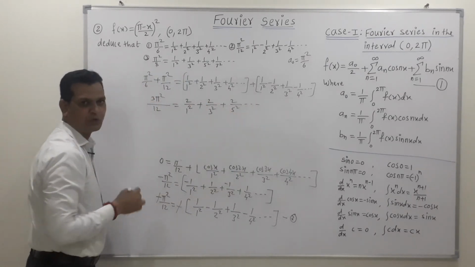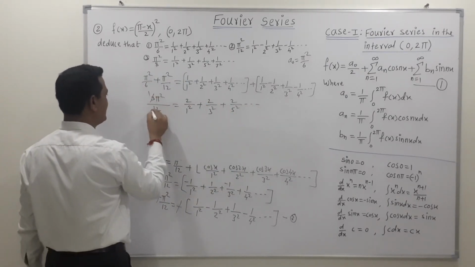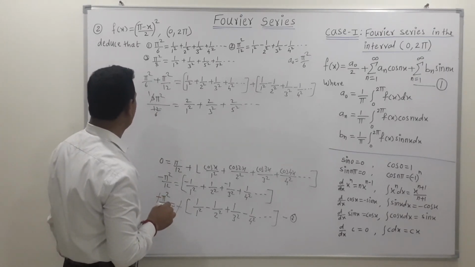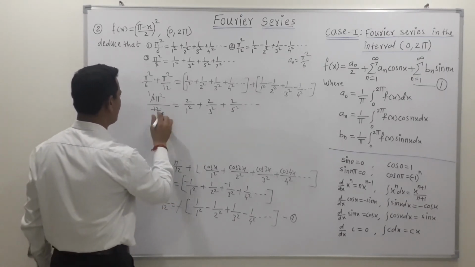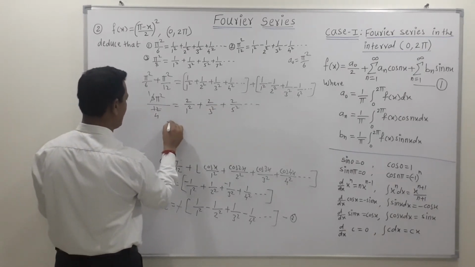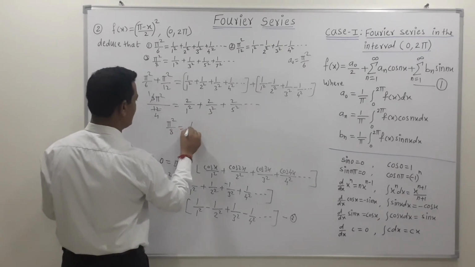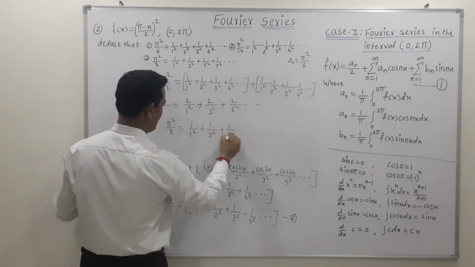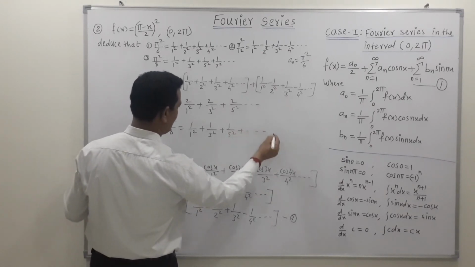After taking 2 common, 3 1s are 3, 3 6s are 12, so 3 4s are 12. Then after taking this 2 to the other side, we get pi square upon 8 is equal to 1 upon 1 square plus 1 upon 3 square plus 1 upon 5 square and so on.